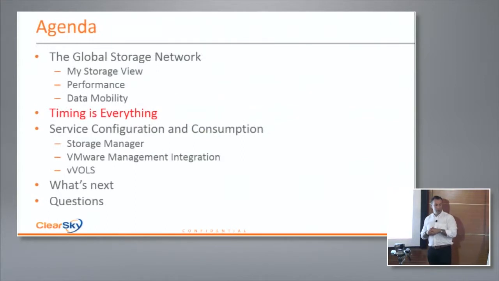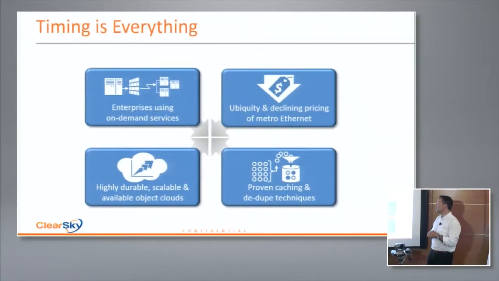So a little bit about timing. Why is this possible? I think we touched on some of these things, and so just to reiterate, one of the things that we do check for these days is that enterprises are actually interested in receiving primary storage as a service.